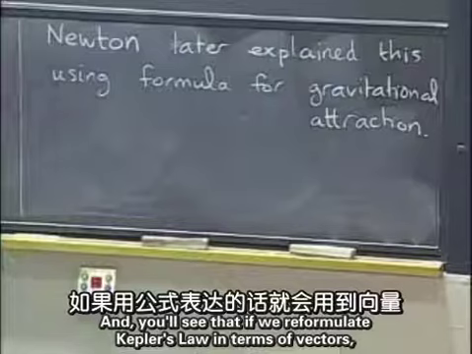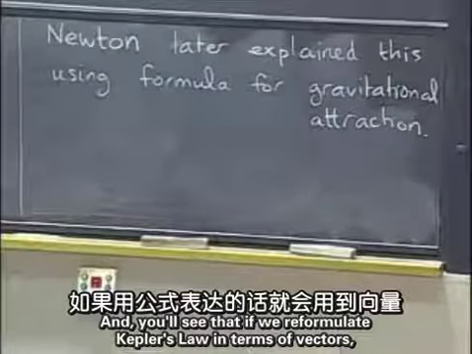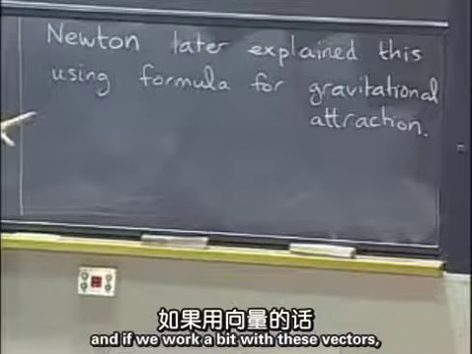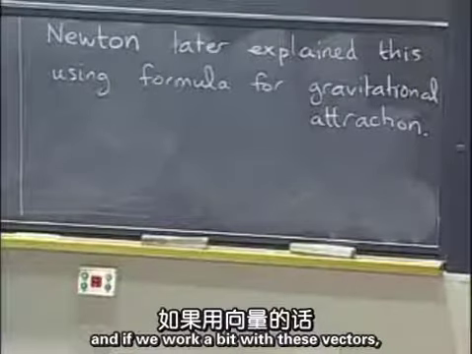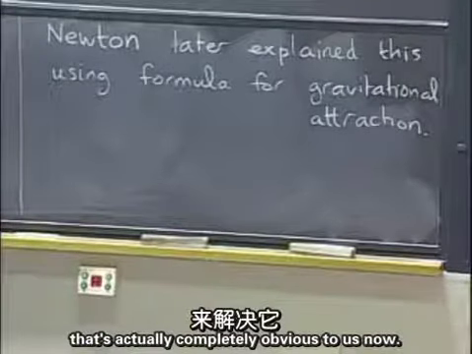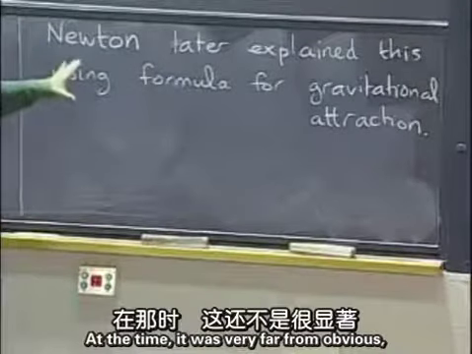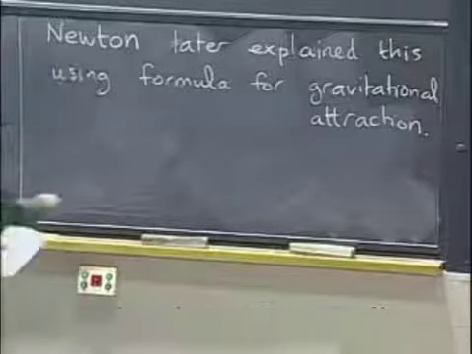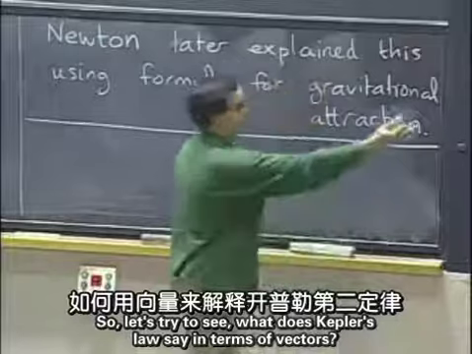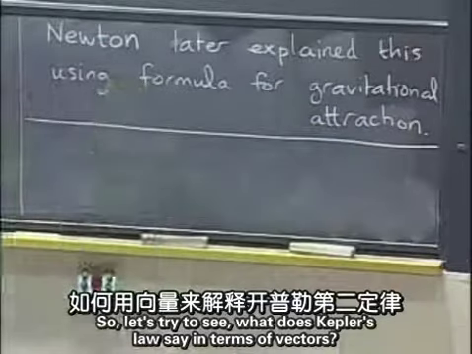And you'll see that if we reformulate Kepler's law in terms of vectors, and if we work a bit with these vectors, we're going to end up with something that's actually completely obvious to us now. At the time, it was very far from obvious, but to us now, it's completely obvious. So let's try to see what Kepler's law says in terms of vectors.